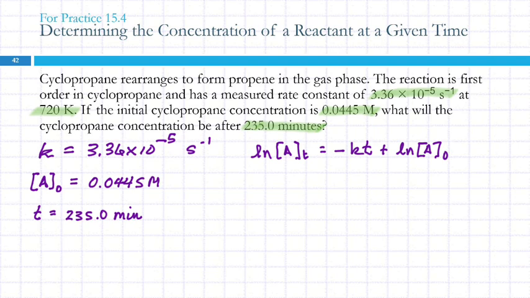So we need to convert that to seconds. There's 60 seconds in 1 minute. 14100 seconds.